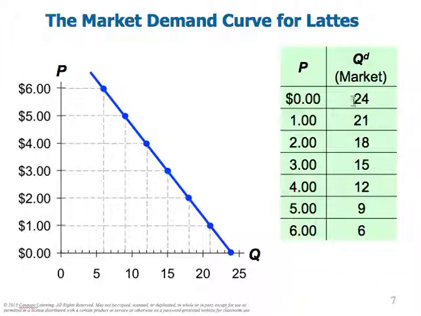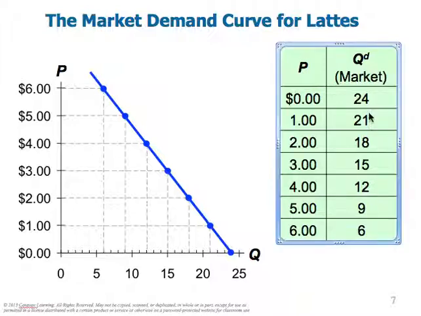But if you take into account this whole table, all the different possible combinations of quantity demanded for different prices, you get the demand. For example, when the price equals $2, we say that the quantity demanded is 18. We do not say that the demand is 18. Rather, demand is this whole table, or this whole curve.